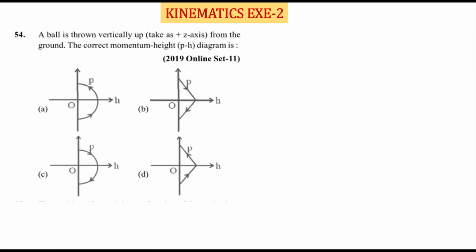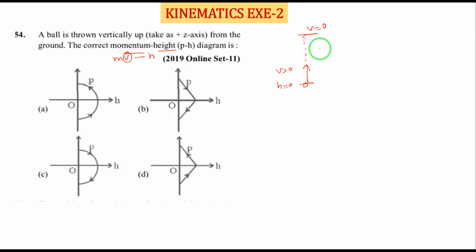Now in this question 54, a ball is thrown vertically upward from the ground. Correct momentum height diagram is. So momentum is m into v. So basically you have to see v versus h diagram. Now since the ball is thrown upward, so its velocity is positive but it is decreasing, and starting from h equals to 0, when h grows up, velocity becomes 0.